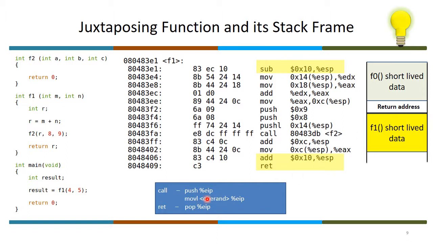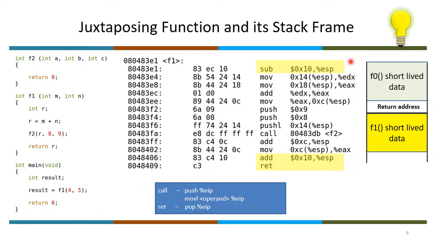And then moves the operand into the EIP register so that there is an immediate transfer of execution control to the called function. And then the body of the function is executed, and then the complementary action followed by return again pops the return address, right, present in the stack to the EIP, so that the execution resumes from the calling function, right.